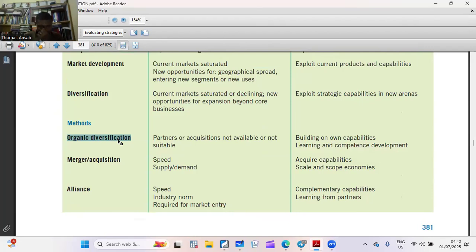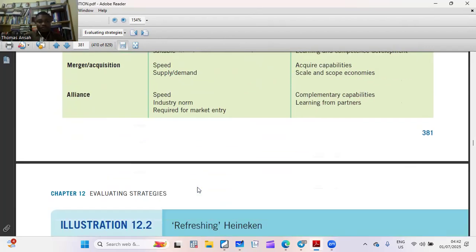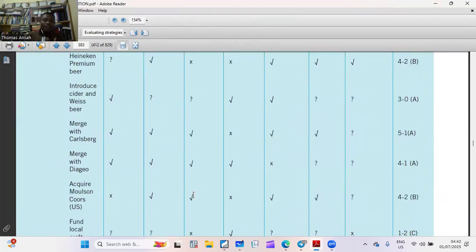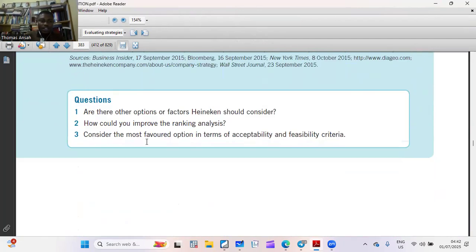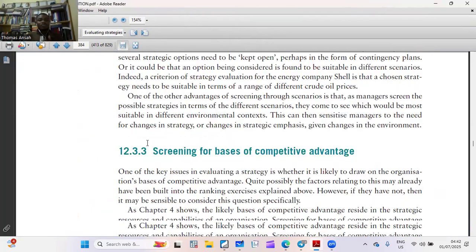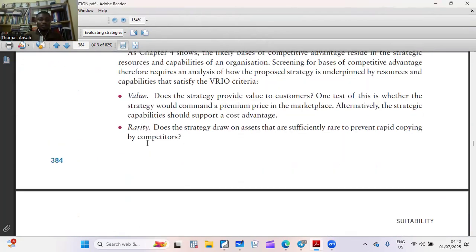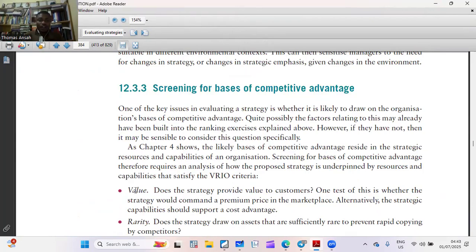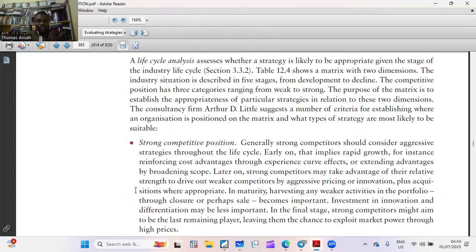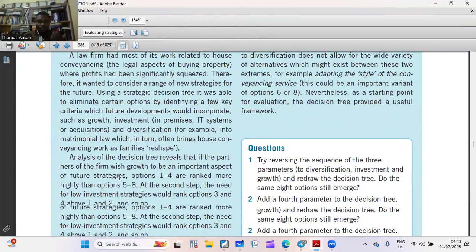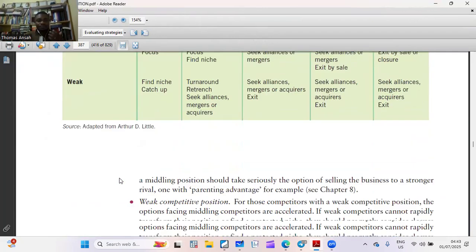So you will look at all these things. Now, so you see the Carlsberg issue. You see how these things are analyzed. So we will also do the same thing. You remember VRIO? You know it. So the life cycle analysis, you know all those things, product life cycle and all those things.